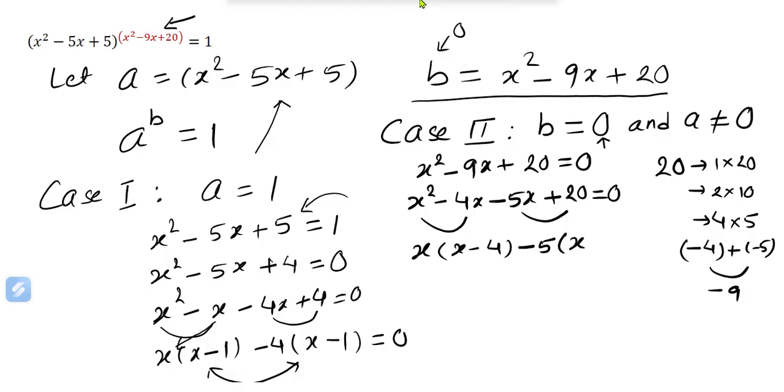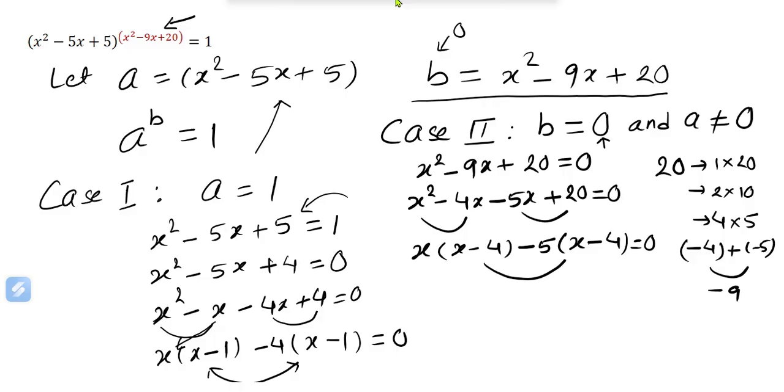Once again, when there is a negative, this positive sign changes into negative. And since minus 5 is factored out, we divide 20 by 5, which is 4, so minus 4 is equal to 0.